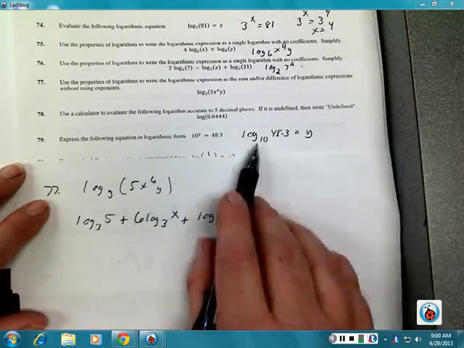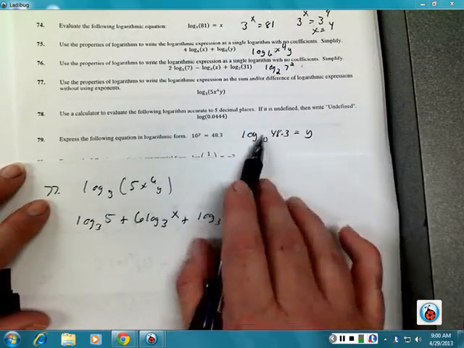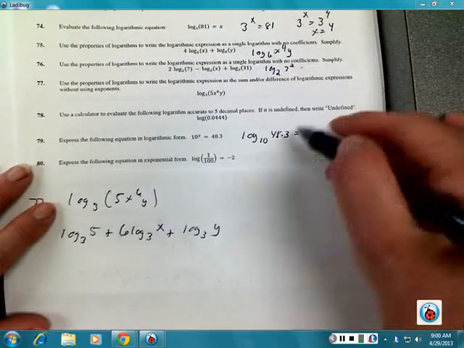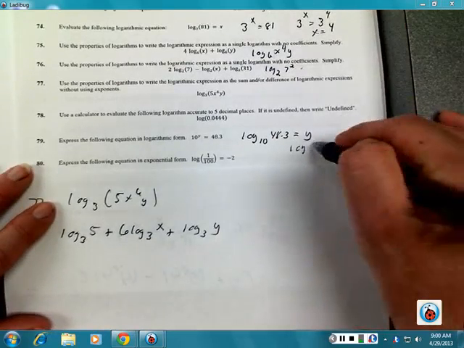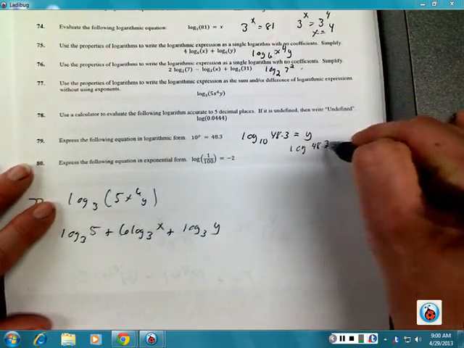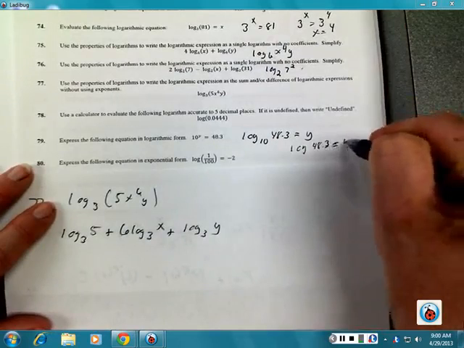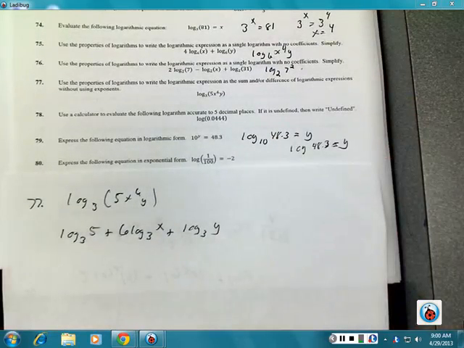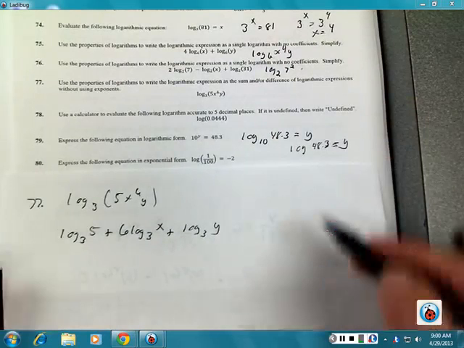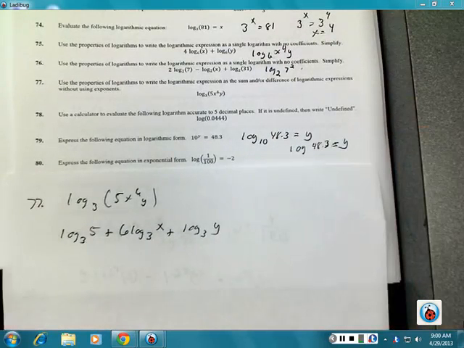Now, because it's a log, I don't really need my 10 in here. So this would really be log 38.3 is equal to y. They don't break it down and turn it into the actual answer. So look at it that way.